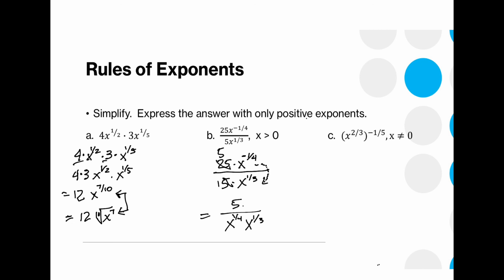Same base being multiplied, so I can add those exponents, 1/4 and 1/3, as long as we have the same denominator. So think about a number that both 4 and 3 can go into, 12. That would multiply the top and the bottom here by 3 and the top and the bottom here by 4. Then adding those together gives me 7/12. So putting those together, that would be 5 over x to the 7/12.